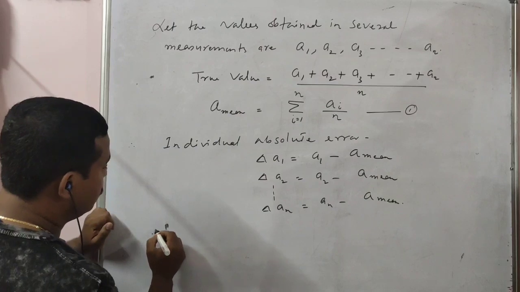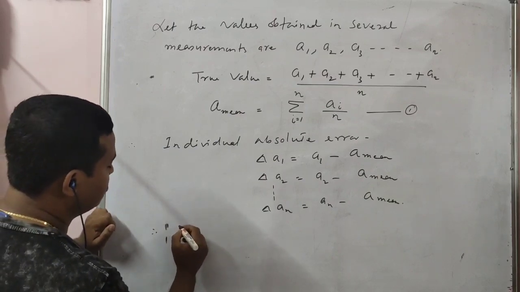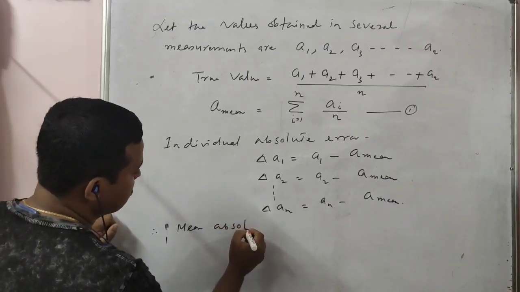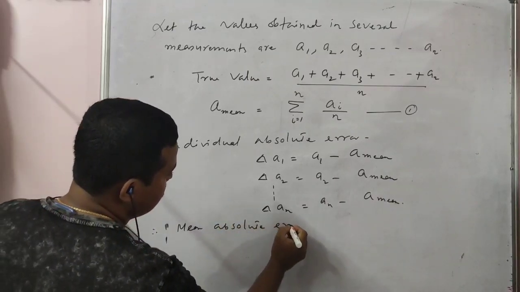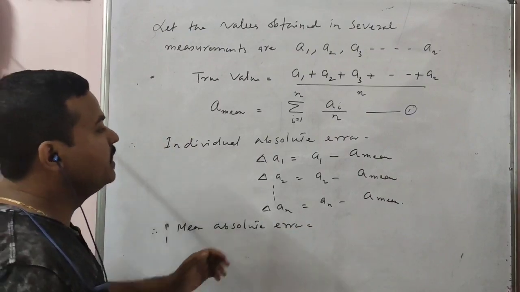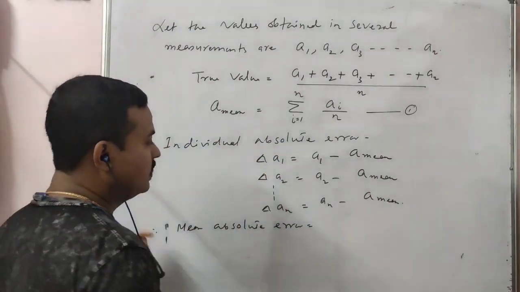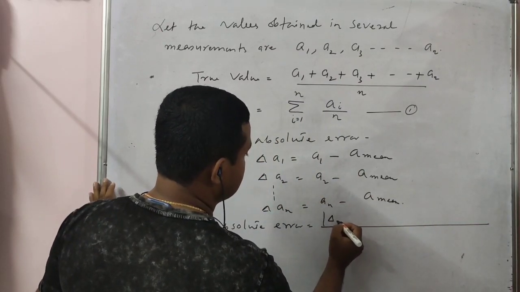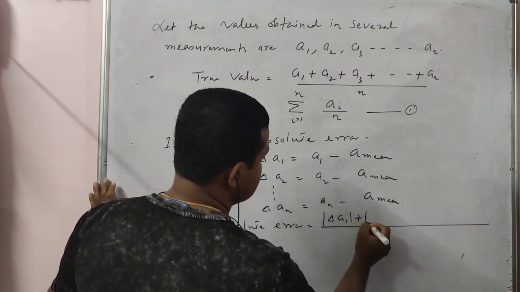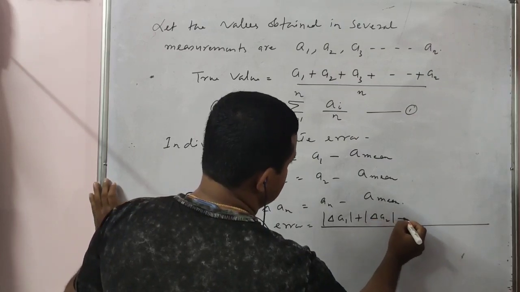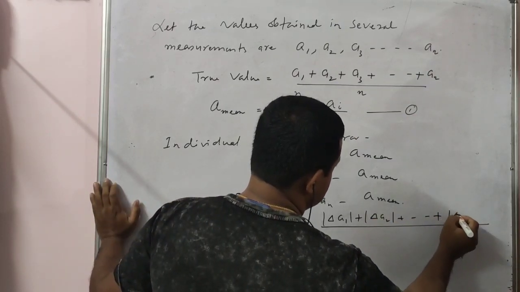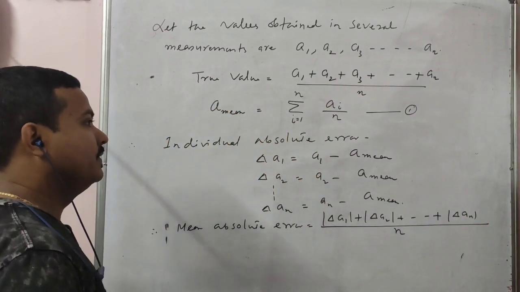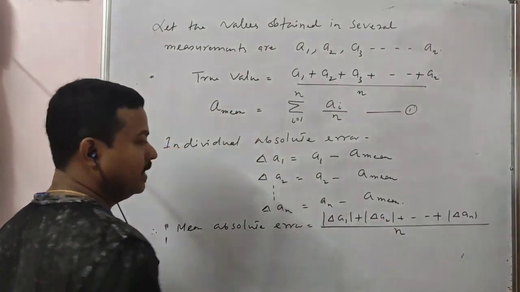So therefore, what is the mean absolute error? It is the mean of all the absolute errors. So you take the magnitudes of all the absolute errors, delta A1 plus delta A2 up to delta An, divided by n. So this is the mean absolute error.